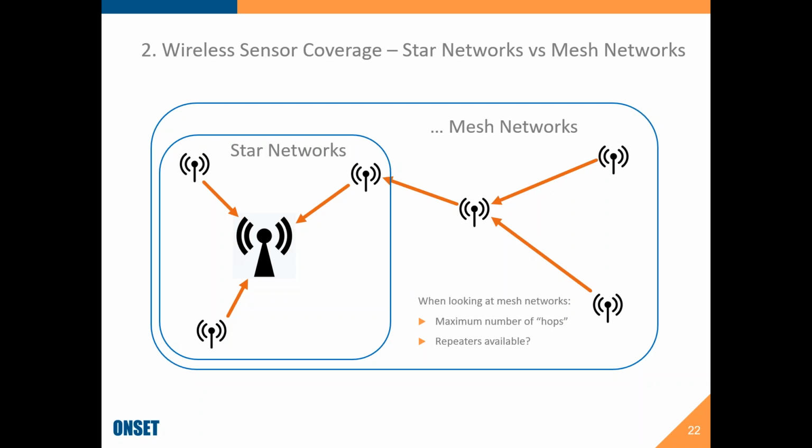And one of the specs you want to be looking for here is the number of hops that you can go through. So, for example, in this case, if you start with the sensors that are over on the right, they have to go through 1, 2, 3 hops to get back to the central station. So look for that as a spec, because that'll tell you the maximum distance you can go. It's basically the range between wireless sensors times the number of hops that they can do.